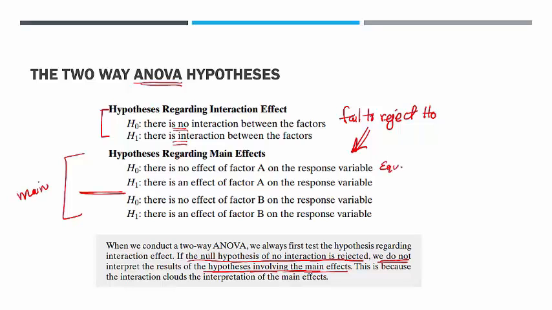And again, this is equality of means across the levels of both factor A and factor B, the row factor and the column factor. So the null hypothesis of no effect would mean that the means are equal, and that there is an effect would tell you that at least one mean is different. Okay, and that's the same for the test of both main effects.